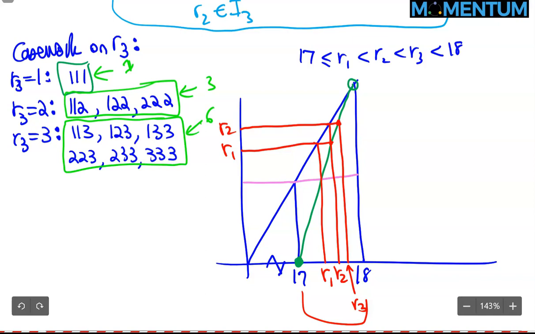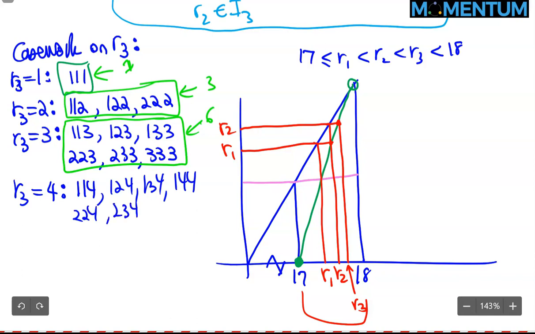Keep going. Okay, I know you know it, right? So come on, don't pretend you don't know it. Okay, so you want me to do it one more time? Okay, I'll do it one more time. The largest one is a 4. So 1, 1, 4, or 1, 2, 4, 1, 3, 4, 1, 4, 4, or 2, 2, 4, 2, 3, 4.